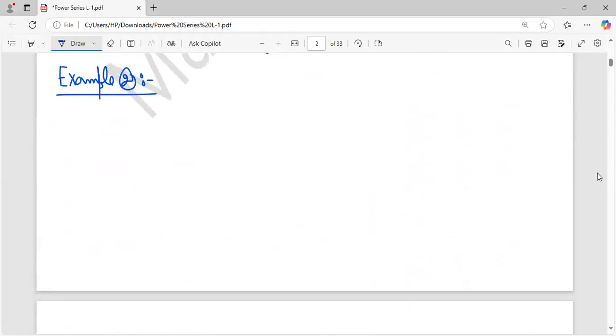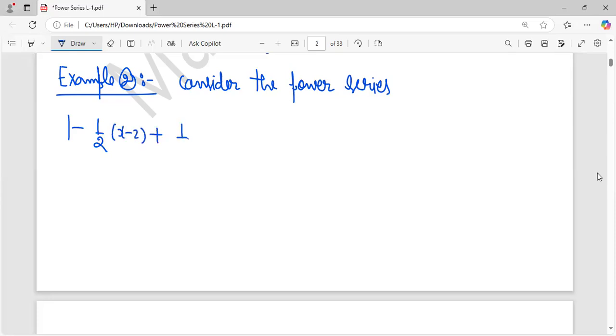Now consider this power series: 1 minus 1 upon 2 (x minus 2) plus 1 upon 4 (x minus 2) square, and so on, the general term being (minus 1) to the power n (x minus 2) to the power n upon 2 to the power n.